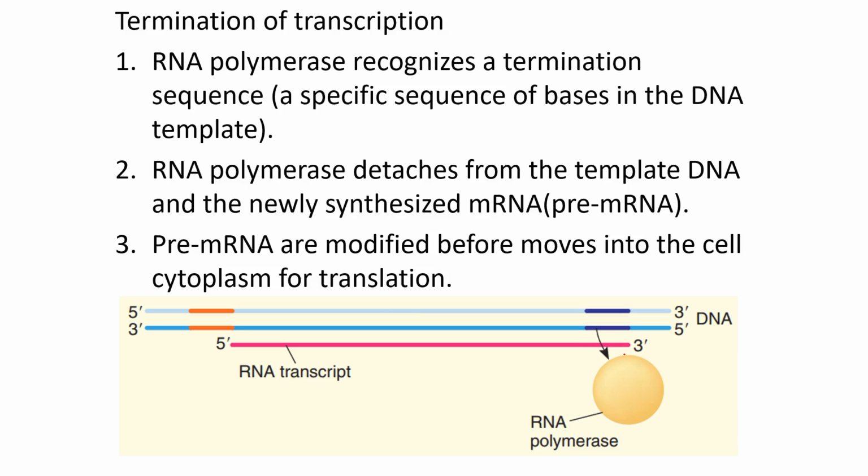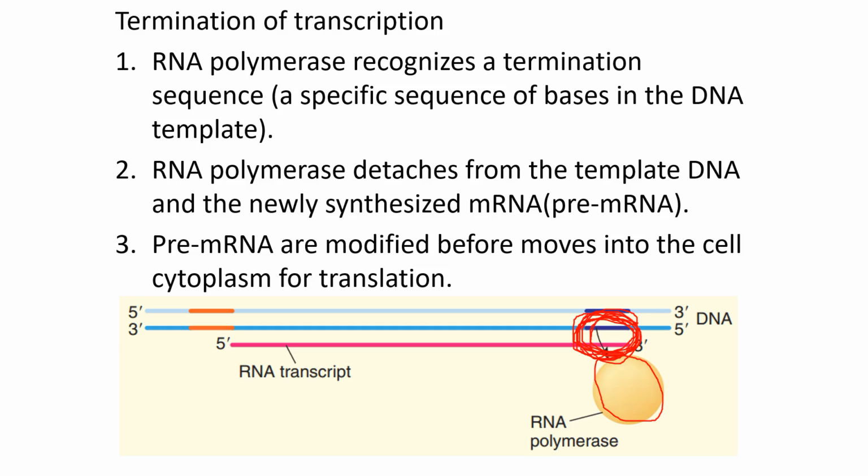As you can see from this diagram, earlier this RNA polymerase is on these two molecules here. Now it detaches itself from the template DNA and the newly synthesized mRNA.